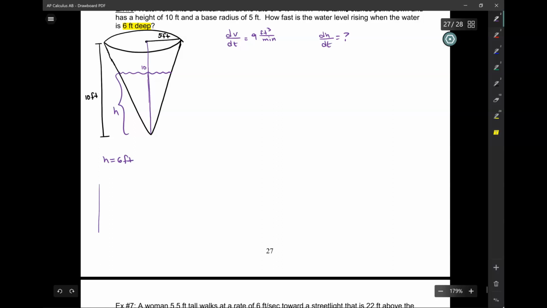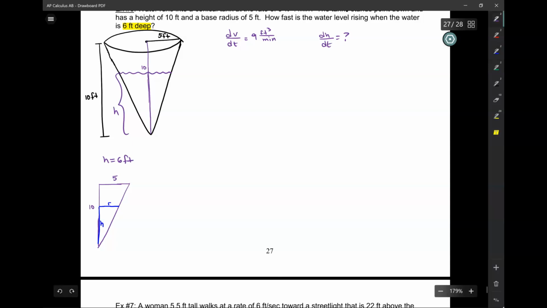I have 10 and 5, and then inside of that, I have just the amount of water, which is H and some value R. Now, how do we do proportional triangles here?